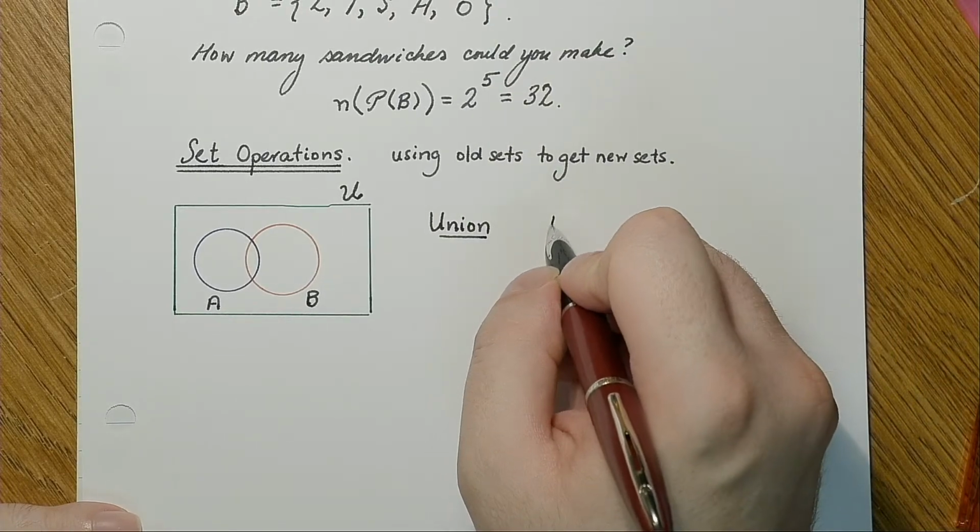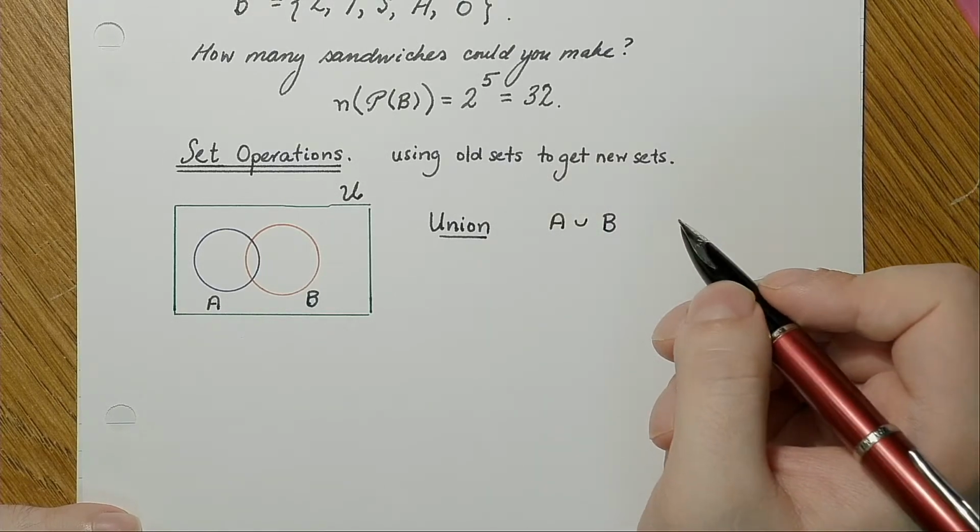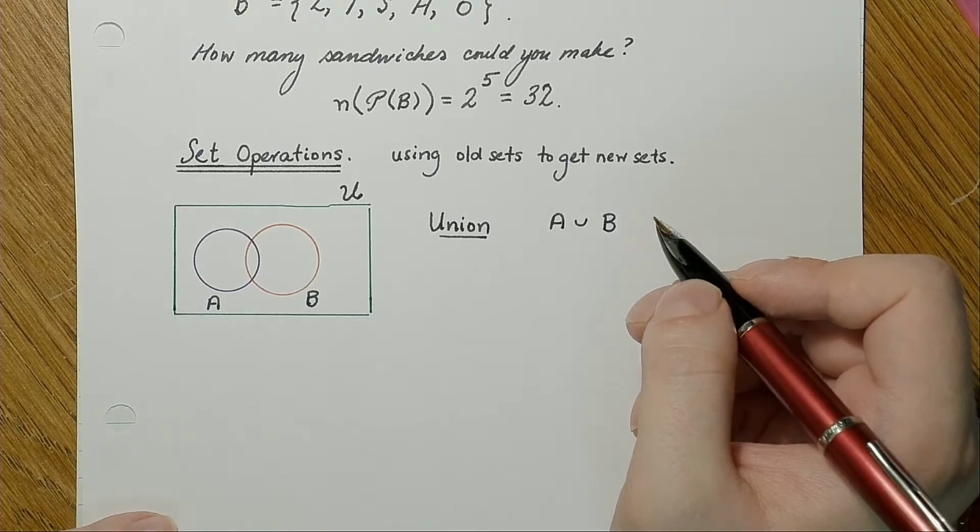That's where we'll have A union B, and that represents all the elements that belong to A or B.